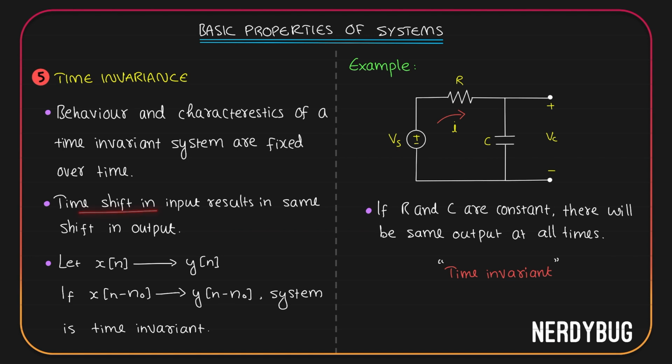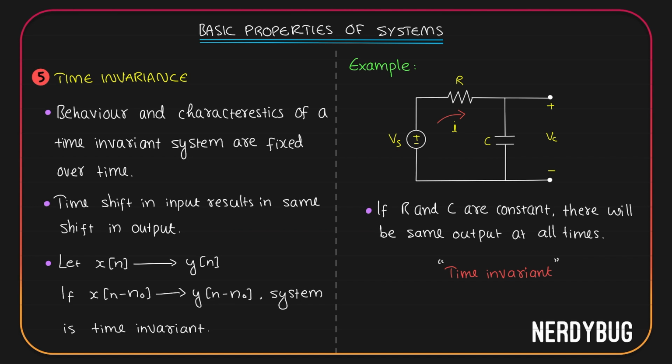Or we could say a time shift in input results in the same shift in output. Let's say x of n gives y of n as the output. Then if you give x of n minus n naught, you should get y of n minus n naught. Same time shift in both input and output. In that case, we can say it is not changing with time, it is time invariant.